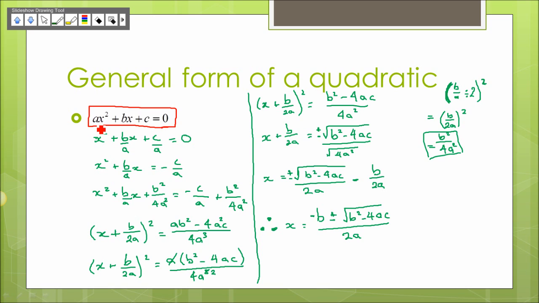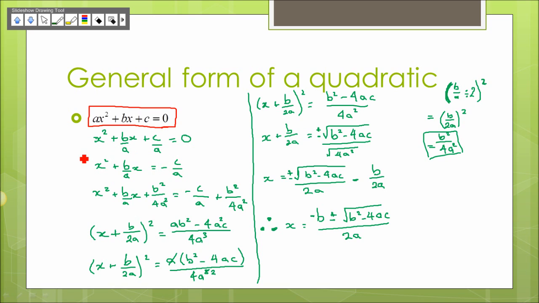So in the first line of working out, I've removed this a term by dividing everything by a. The a gets removed from the first term, each of these gets divided by a, and 0 doesn't get anything because 0 divided by a is still just 0.